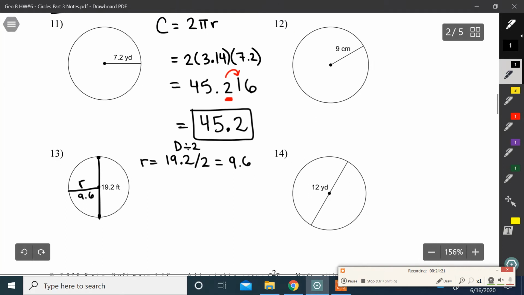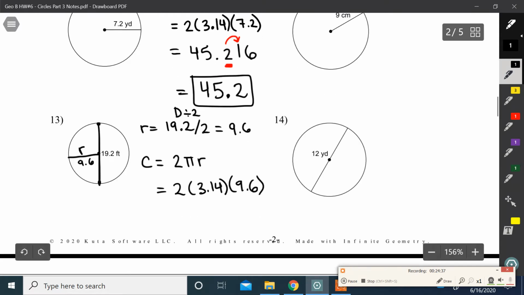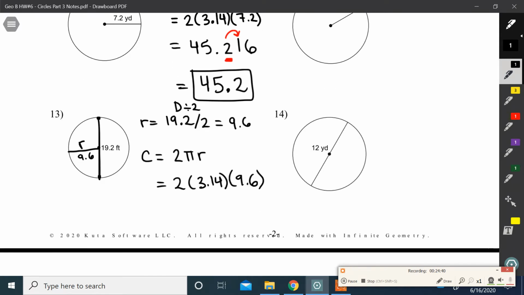So now we can use our formula. The circumference in this case is 2 pi r. In this case, pi is going to be 3.14. And then r is going to be 9.6. We're going to multiply all those out: 2 times 3.14 times 9.6.